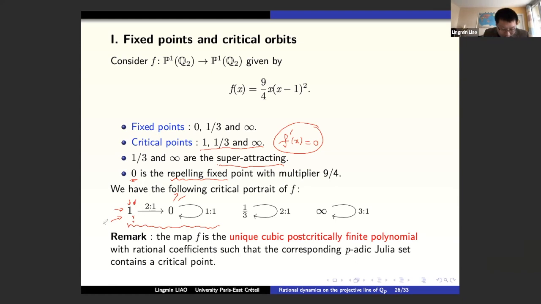So that means here the system contracts, but even so, there are points that go very close, but if you go to 0, 0 is expanding, so the orbit will go very large. You have expanding. If you go close to 1, points get closer, but later the distance will be larger.